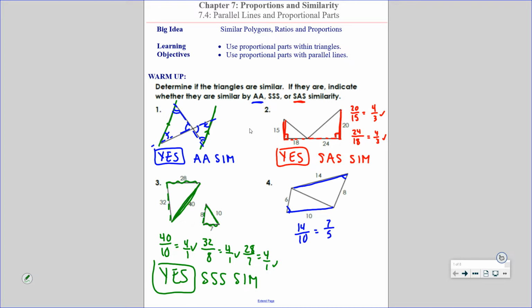Reduces to 7 to 5. Since I started with this triangle, I have to do that again. So 8 to 6. That's 4 to 3. And no. Not similar. The side lengths are not proportional.